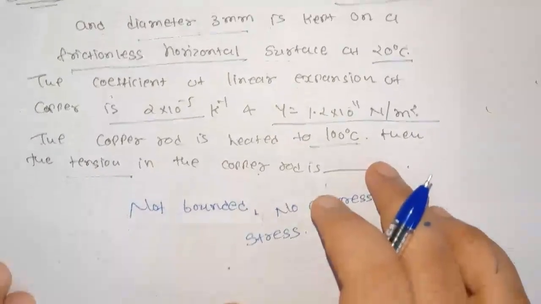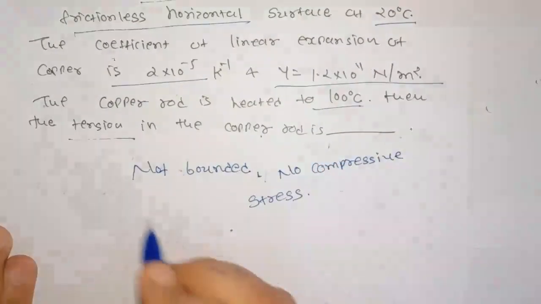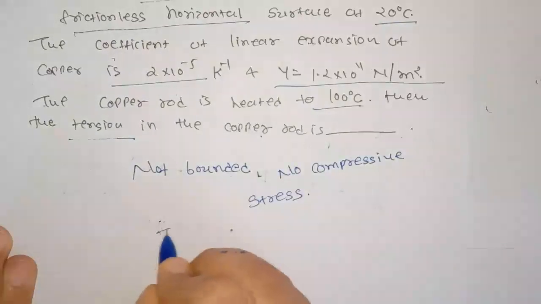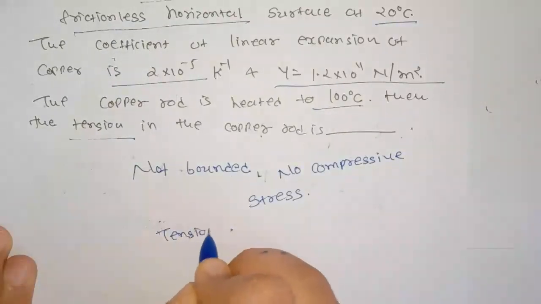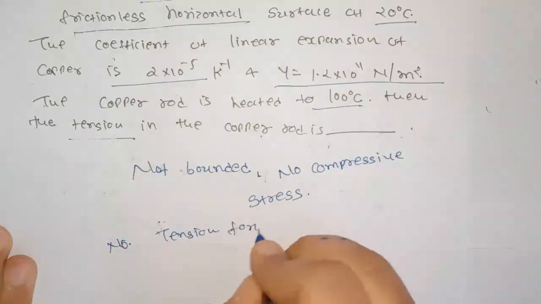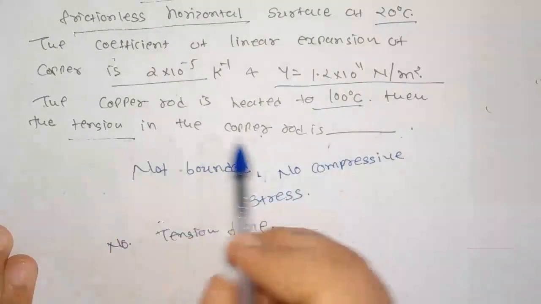So if there is no stress, there will not be any tension. So no tension force. So the tension force in the copper rod will be 0.